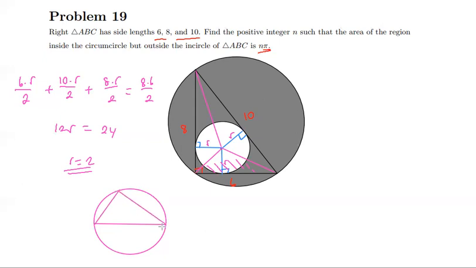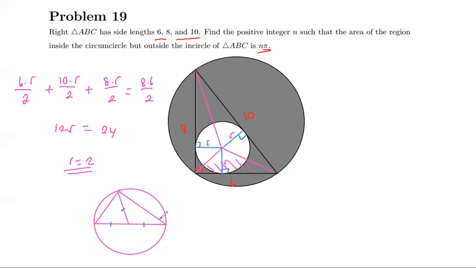For now I don't know about this angle yet, but based on what I said, this angle needs to be 90 degrees. This is just one way to prove it, not the only way, but probably the easiest one. If I connect this center point to that corner, this is radius, this is radius, and this is radius.